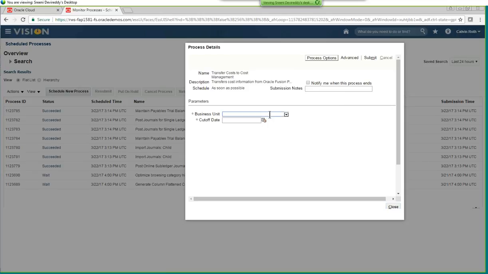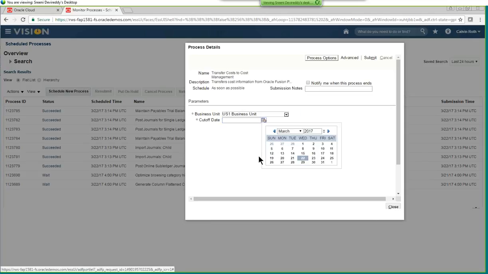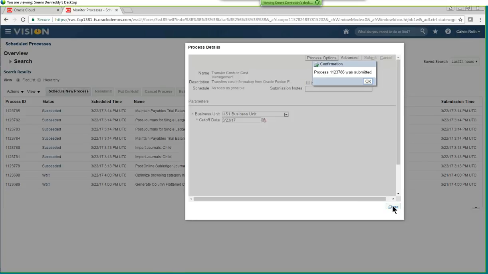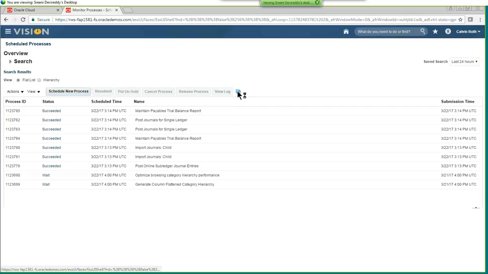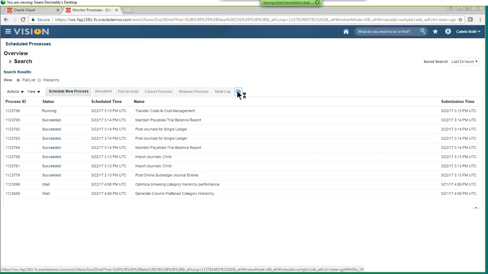US 1 business unit, and let's do a cutoff date of tomorrow and submit. Okay, this should be done very quickly, and then we should move on to the receipt accounting and do the reconciliation.